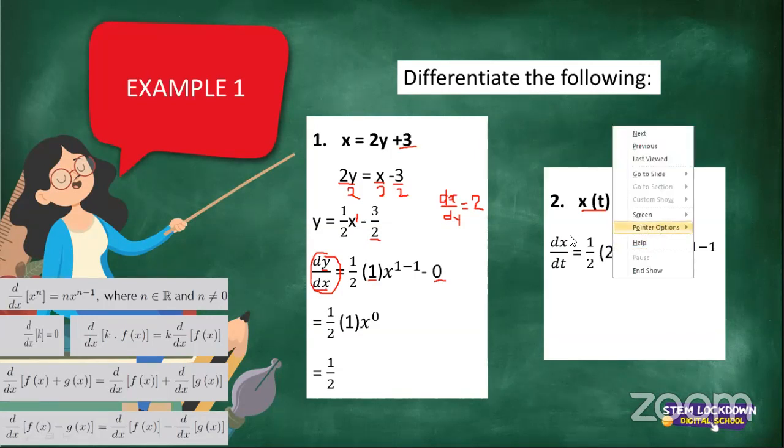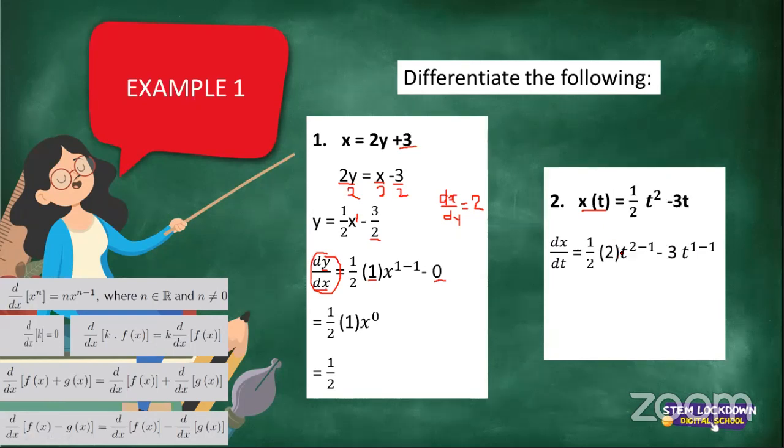So don't be stressed if they use different letters like z or k, it's still the same procedure. Your 2, which is your exponent, and then this is raised to the power of 1. And 1 minus 1 here, multiplied by 1, and then your answer will be t to the power of 0, which is 1. Then this 2 will cancel that 2, divided by 2, and this will be your final answer.